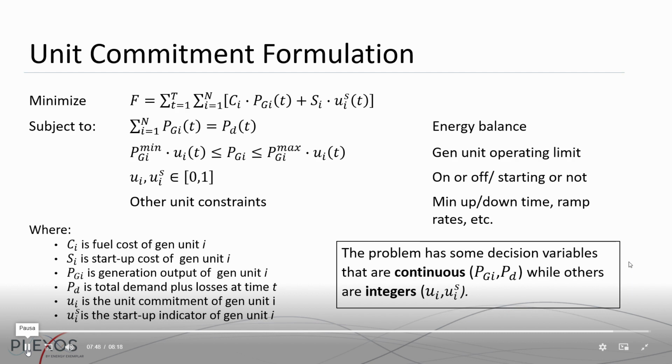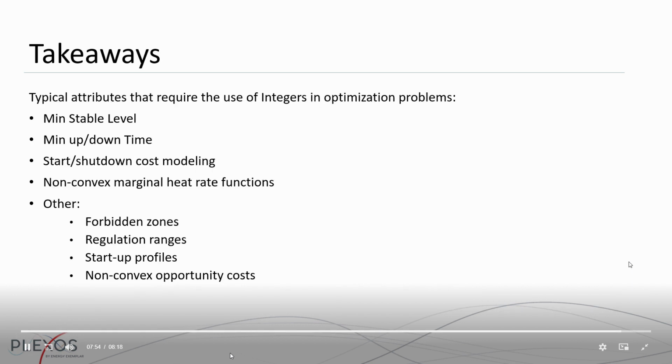So the problem has decision variables that are continuous and other decision variables that are integers. In review, we have some typical attributes that require the use of integers in optimization problems. They include min stable level, min up and min down times, start and shut down cost modeling, non-convex marginal heat rate functions, forbidden zones, regulation ranges, startup profiles, non-convex opportunity costs.